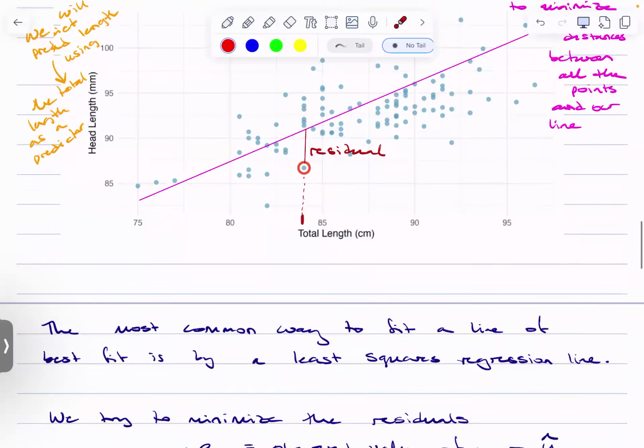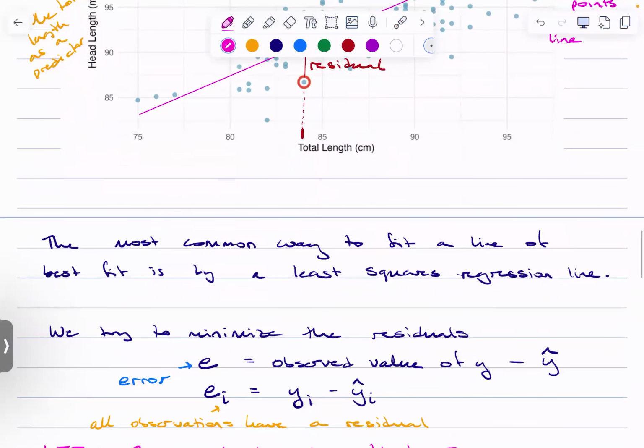But the least squares portion comes into play because if all the residuals add to 0, then if I add them all up, I'm left with nothing. In fact, 0. And so a common way that we've already seen to deal with that is to square the values. That's what we do with the least squares regression line.